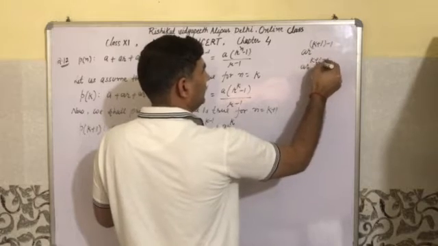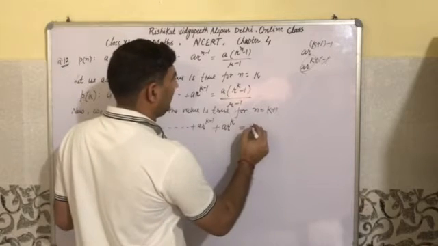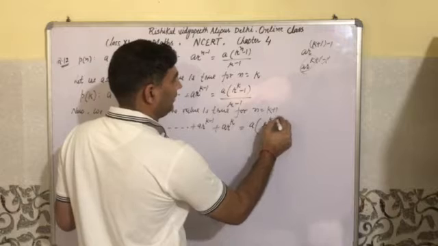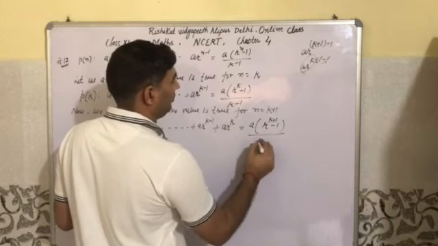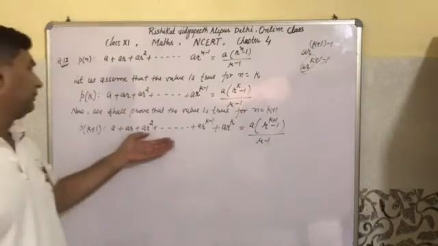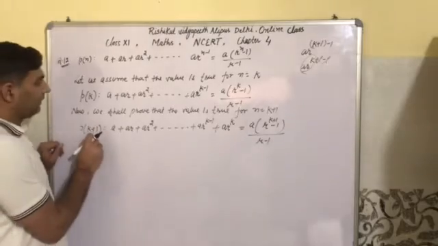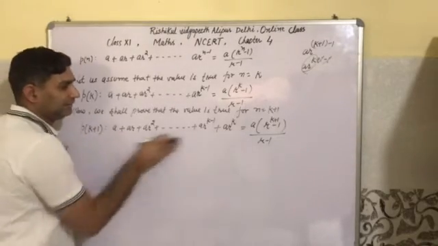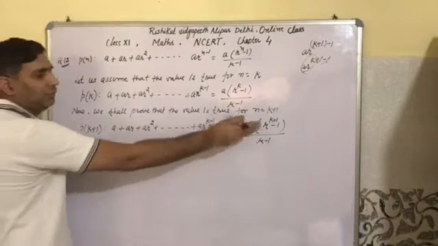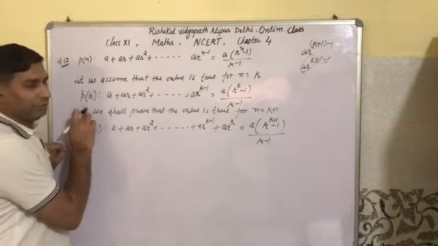The right hand side is a into r raised to power k plus 1 minus 1 upon r minus 1. हमें प्रूव करना है this P of k plus 1 is this. P of k plus 1 हमने स्टेटमेंट लिखी, this is the left hand side and this is the right hand side. Use this P of k; this value is true for k plus 1 by using P of k.